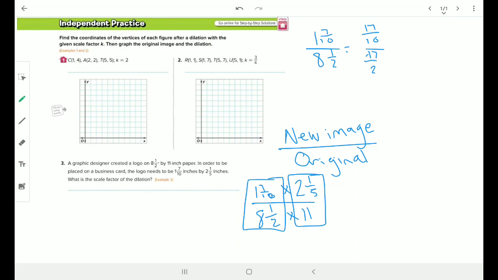And if you multiply by the reciprocal, so this is the same thing as 17/10 times 2 over 17. The 17s cancel, so we're left with 2/10, which is the same thing as 1/5. Okay, so that is my scale factor. You don't even have to do this division right here because the scale factor has to be the same. Okay, so your scale factor for the dilation is 1/5.